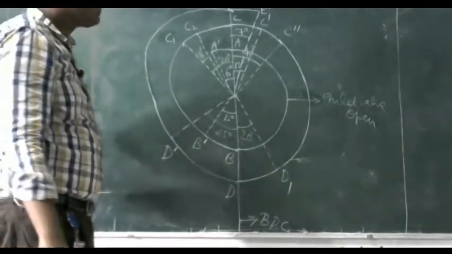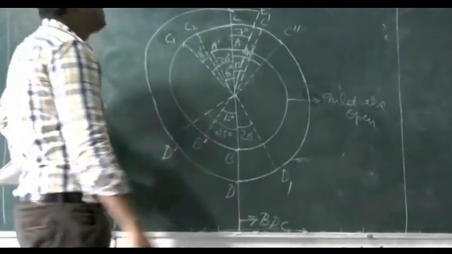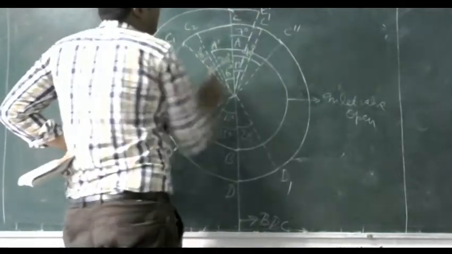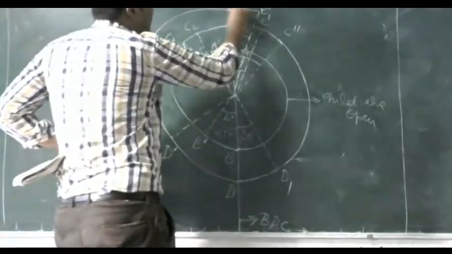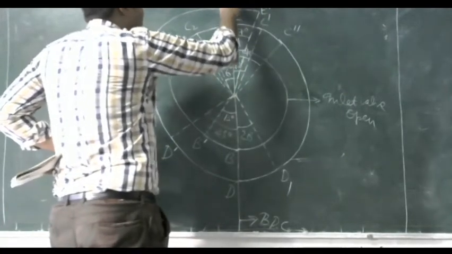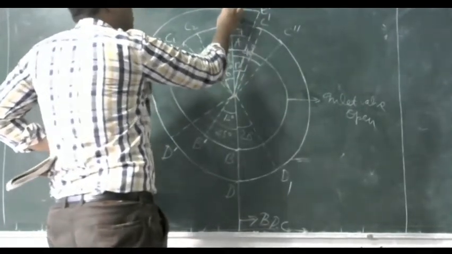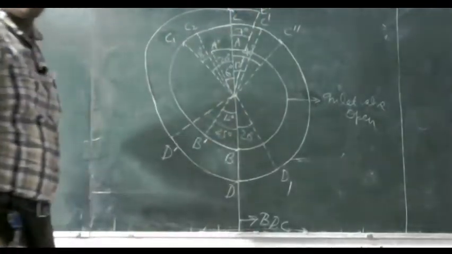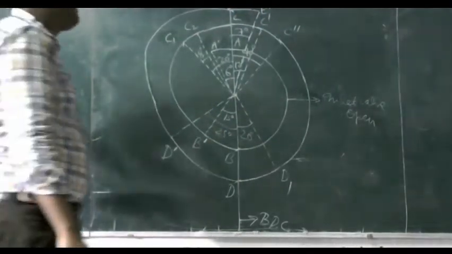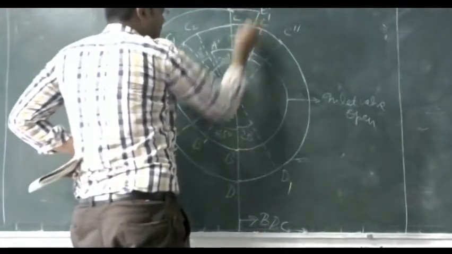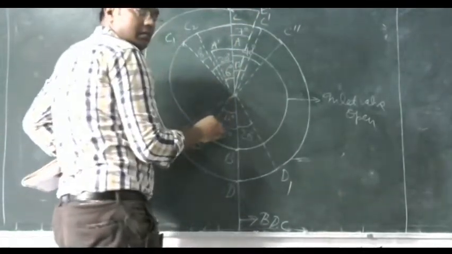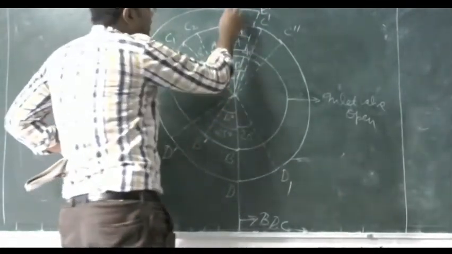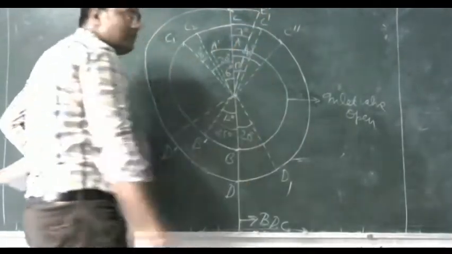Similarly, from E to E dash, this is the area of the suction stroke. When you cross the line from point E, E to E dash is the area of the suction stroke. During the suction stroke the inlet valve is already open, and from E to E dash the exhaust valve is also open.